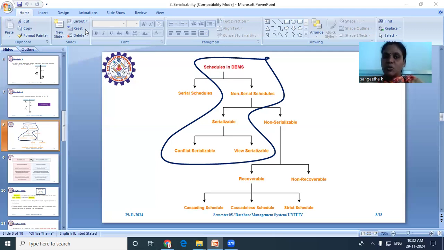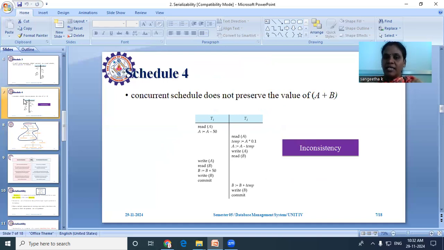In the previous sessions we discussed many problems due to the non-serial schedule. For example, in schedule 4, the concurrent schedule does not preserve the value of A plus B, because before the writing of the A value, the value is read by transaction 2.